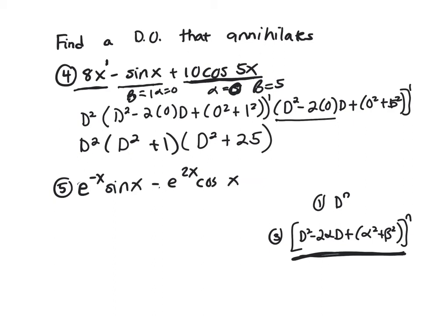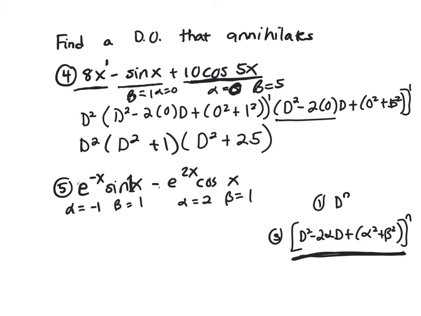But you're going to have to do 2 different ones because your beta is the same in both of them, it's 1, but your alpha is different. Here your alpha is negative 1, your beta is 1. Here your alpha is 2 and your beta is 1. So you're going to have to figure out those 2 and then multiply them together.